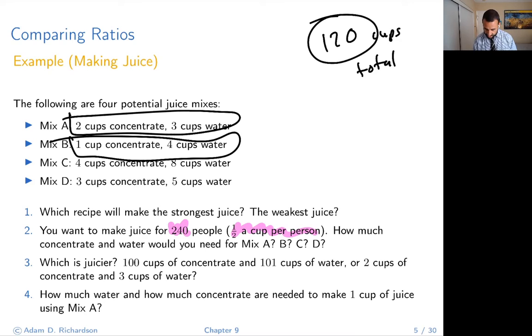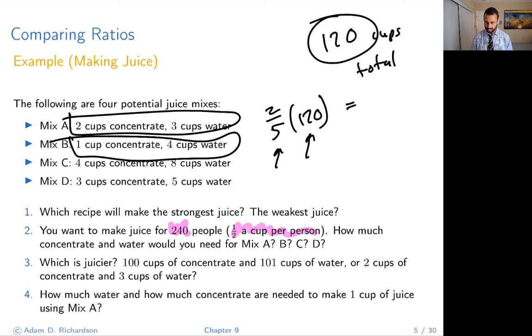I think we said the concentrate was 2/5, right? So 2/5 of mix A is concentrate. So if we take 2/5 and multiply it by 120, that's going to tell us exactly how many cups we need. So let's see, what is 2/5 of 120?